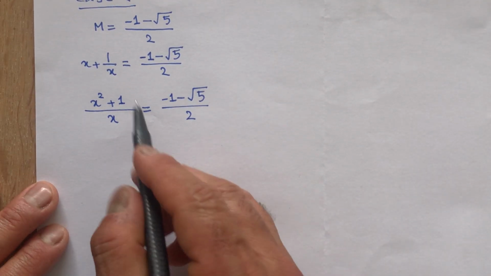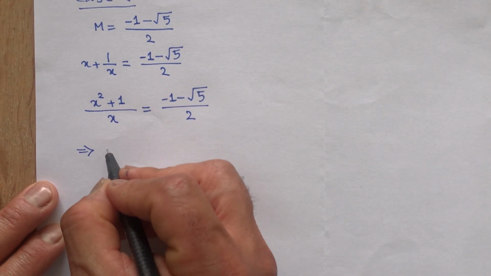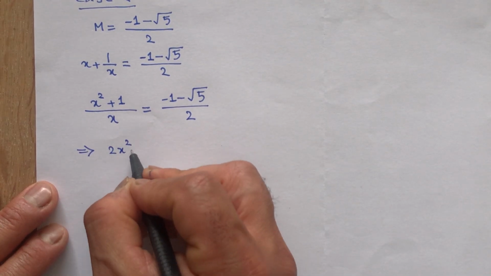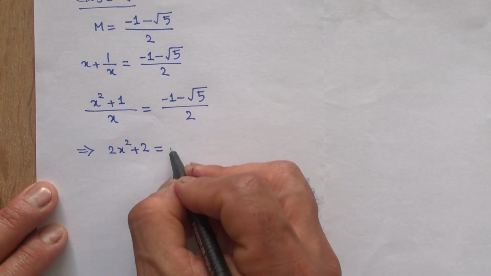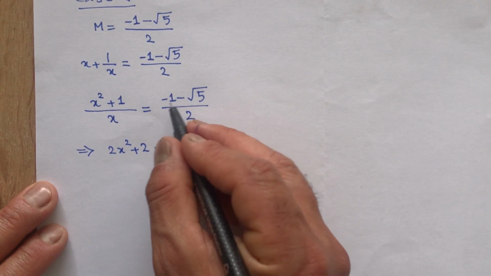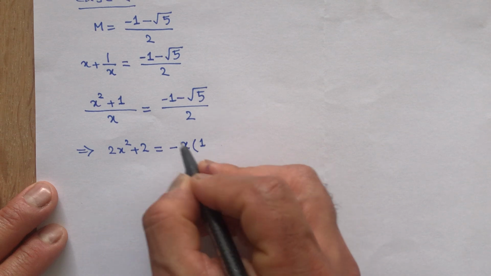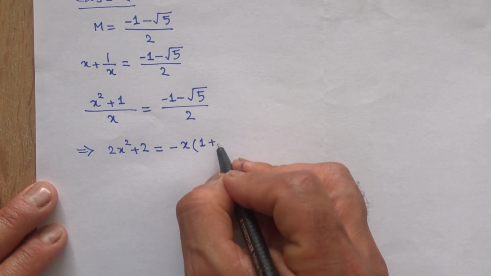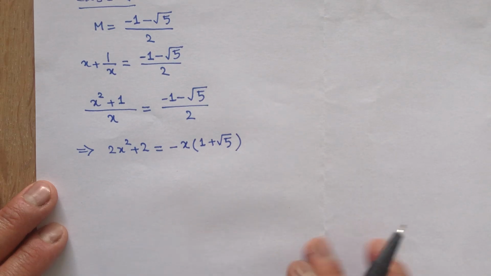With cross multiplying, I have 2x squared plus 2, and with this one minus, I can factor out minus again here, minus x, and if I factor out minus, it's only 1 plus square root of 5.